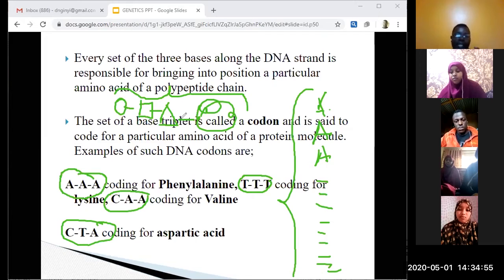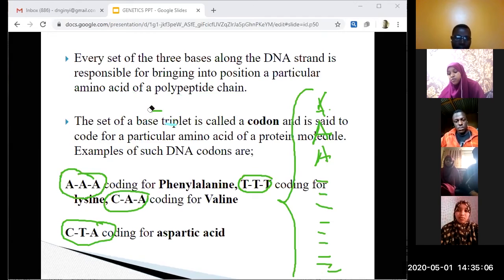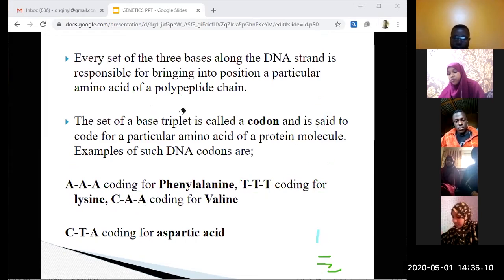It is a matter of changing the positions of the amino acids in the polypeptide chain. So any questions so far? Questions so far?